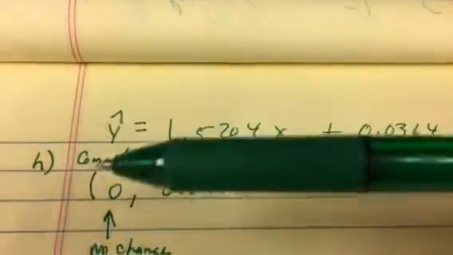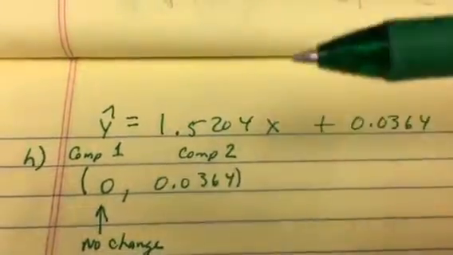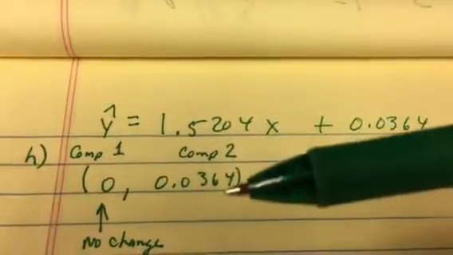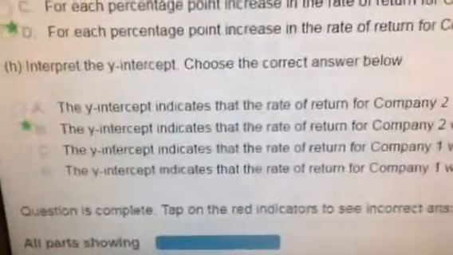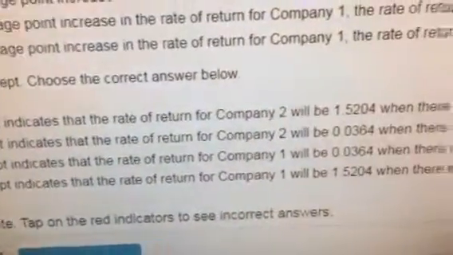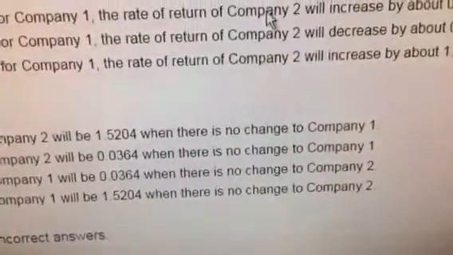So what that's telling me is, if there's no change in company 1, we can still expect company 2 to increase by 0.0364%. So the interpretation: the y-intercept indicates the rate of company 2 will be 0.0364 when there's no change in company 1. Okay, that's your rate of return.